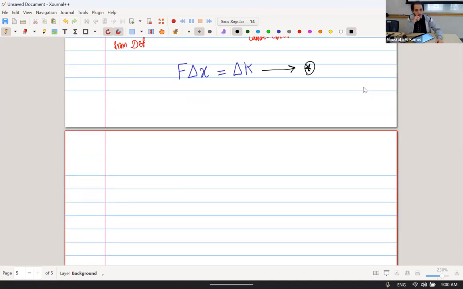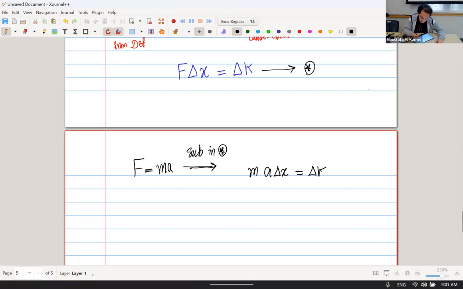Here comes our knowledge of Newton's second law and kinematics, previous chapters. So we know that F equals ma, right? So when you substitute that in equation star, we get ma delta x equals delta K, right?